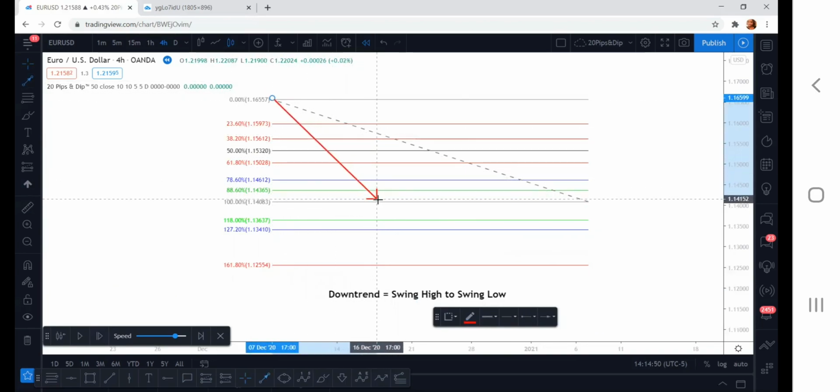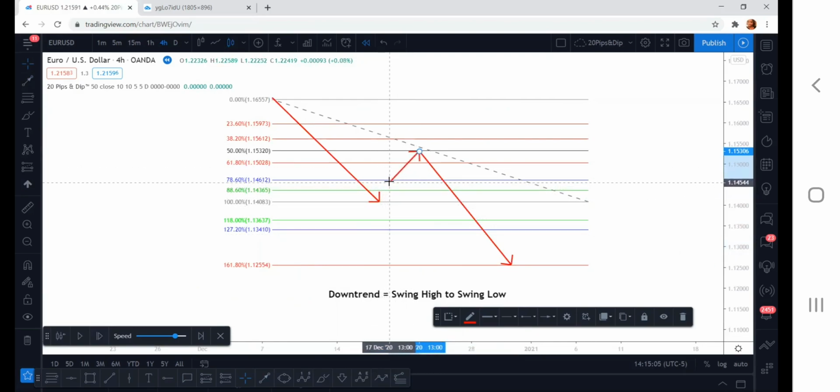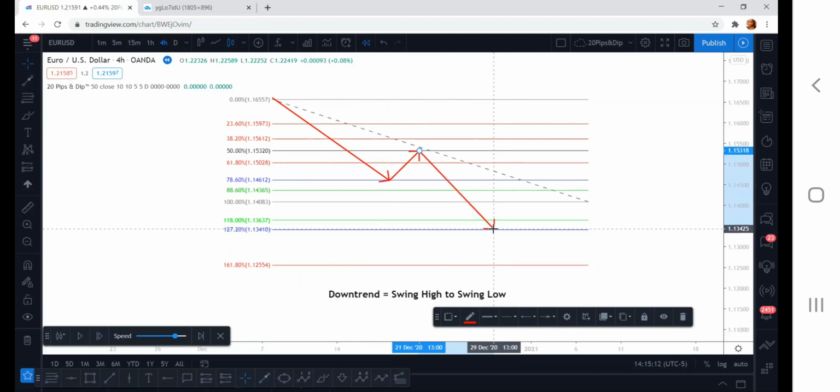This is one move here. Typically it likes to retrace somewhere up in here. And you have different variations of this. For example, if it was to pull back to the 78, then this would be a TP. If it was to pull back even deeper into the 38, it still would be here.